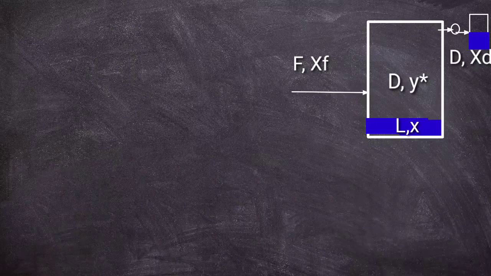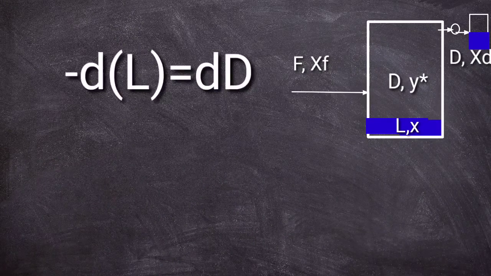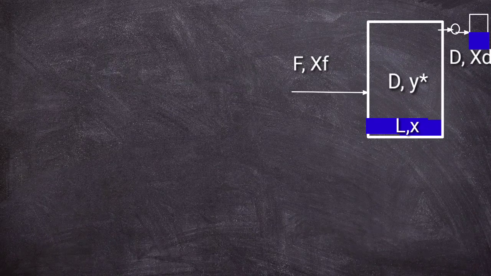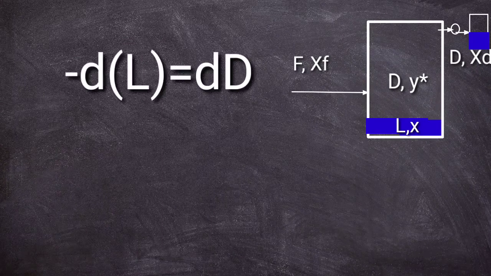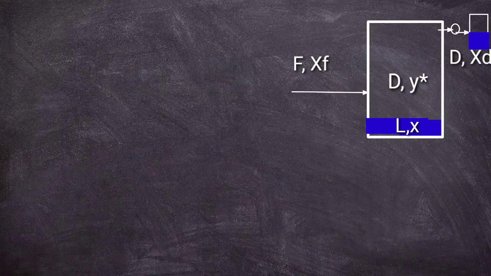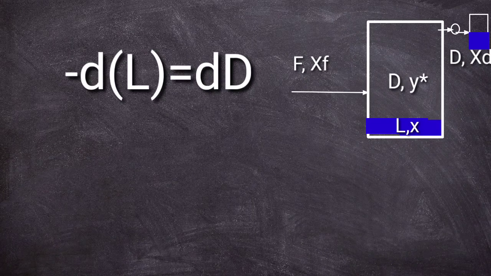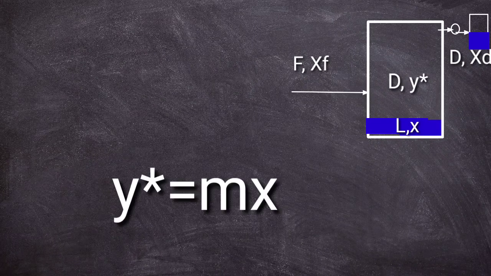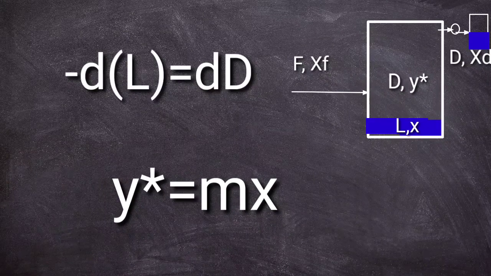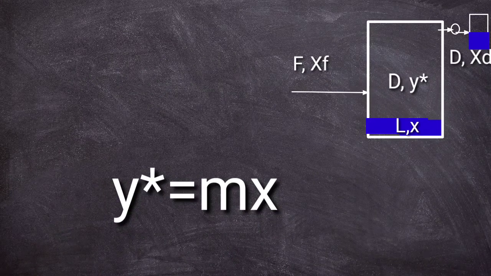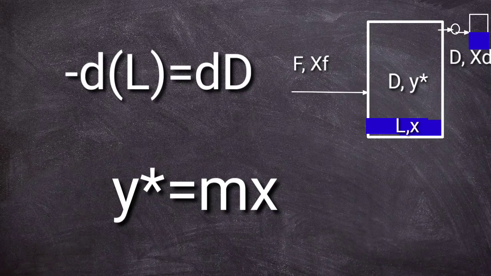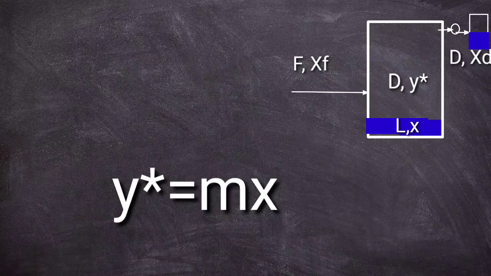From this we can also do the material balance on component A, which is our more volatile component. But here's the trick: as I already told you, the vapor is produced in equilibrium with the liquid. So the mole fraction in the vapor, y, will be related to the mole fraction in the liquid, x, like y equals mx.